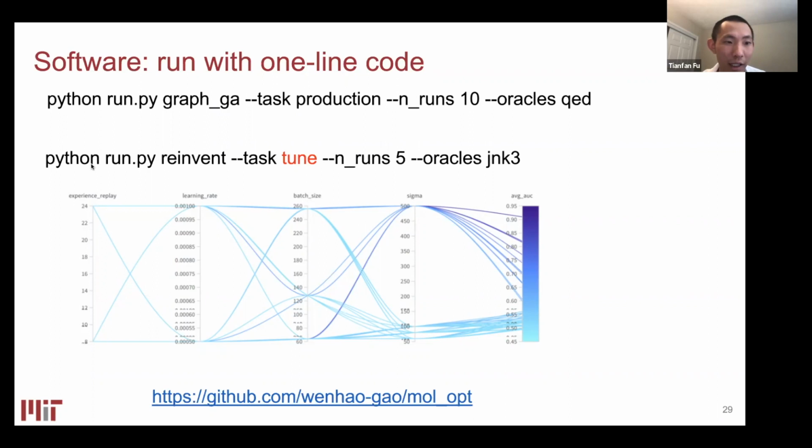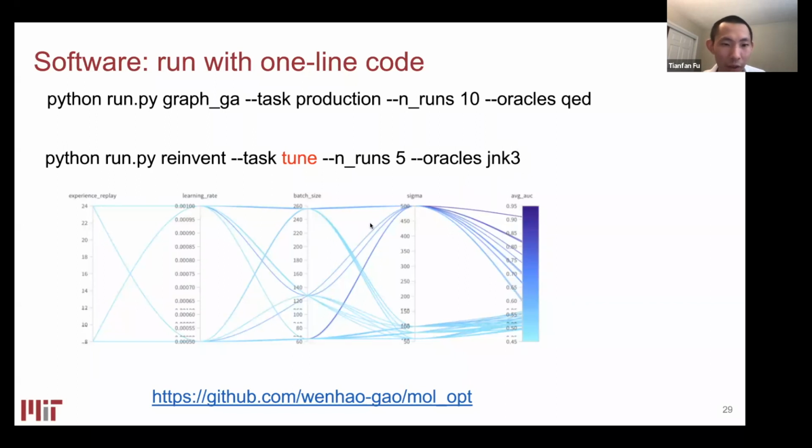In the second line, we want to use the REINVENT method. We set it to the tune mode, which means we will explore all the combinations of hyperparameters, and for each setup, we run it 5 times independently, and we want to optimize the JNK3 score.